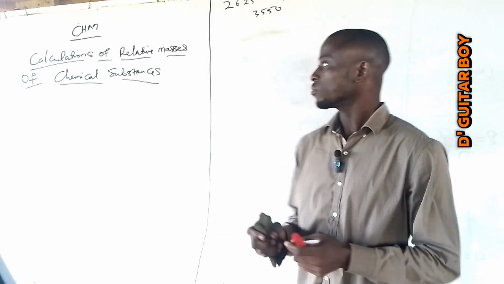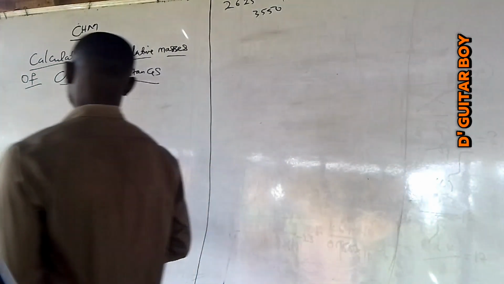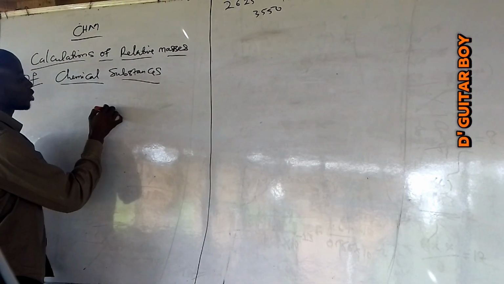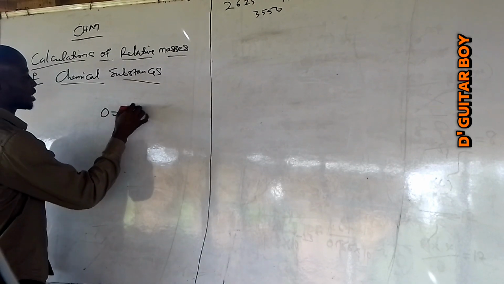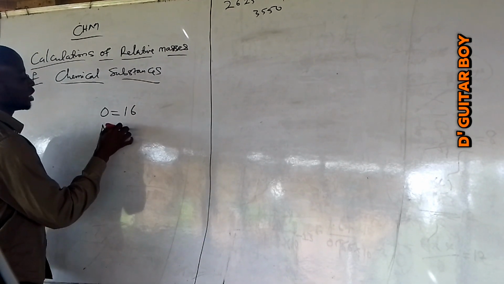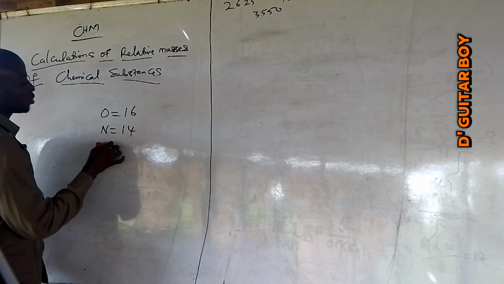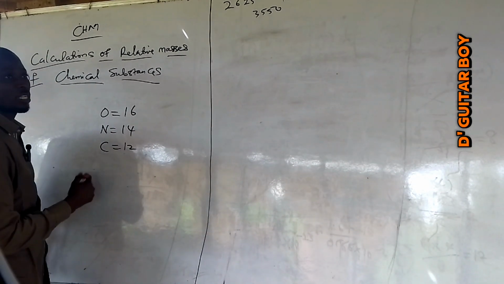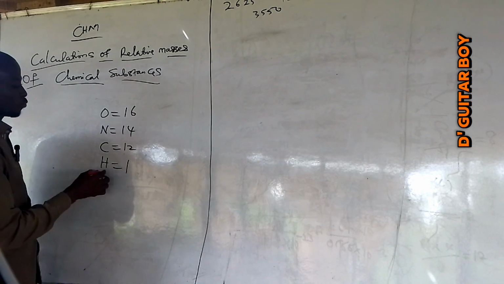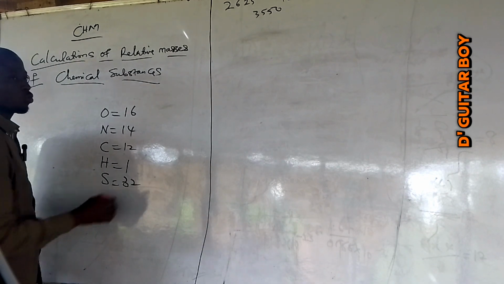So in our last video, we said it was calculated that the relative mass of oxygen was 16, the relative mass of nitrogen is 14, the relative mass of carbon is 12, the relative mass of hydrogen is 1, the relative mass of sulfur is 32.